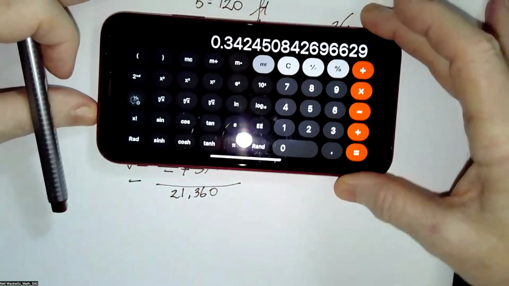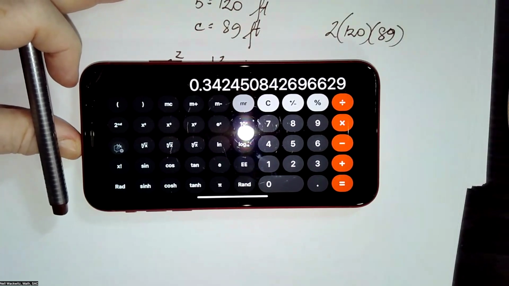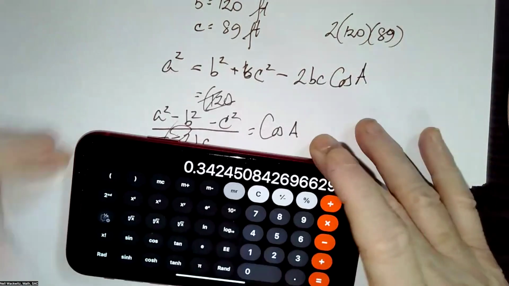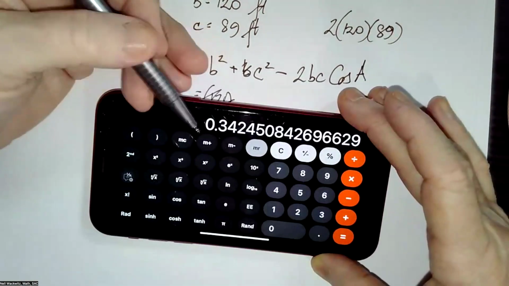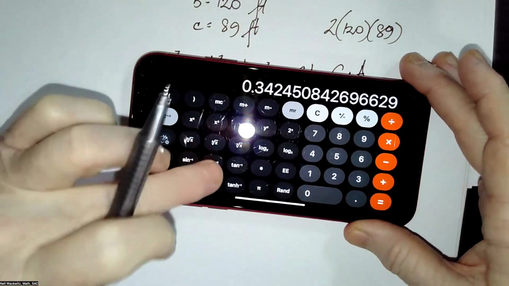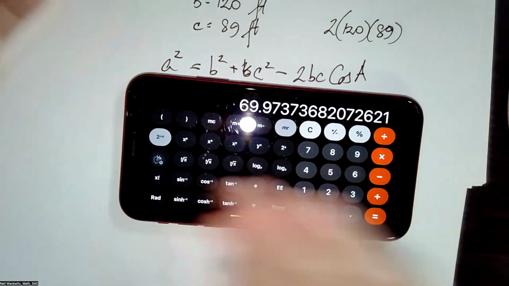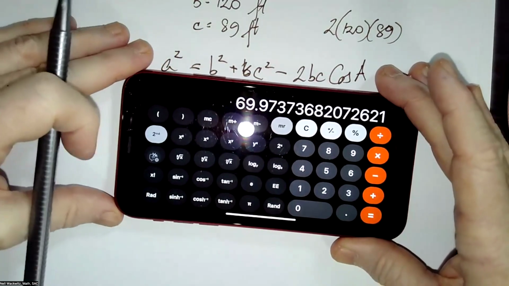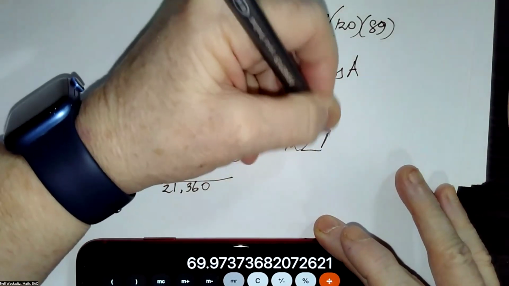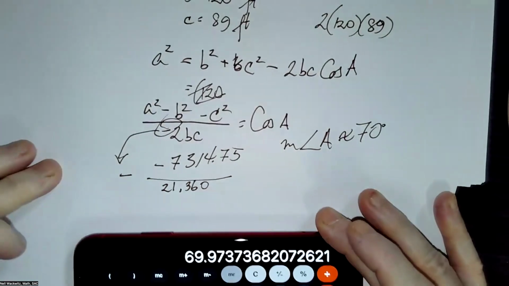So we know that the cosine of angle A is this number. So I'm going to do inverse cosine. So 69, I'm going to round that up to 70. So the measure of angle A is 70 degrees.